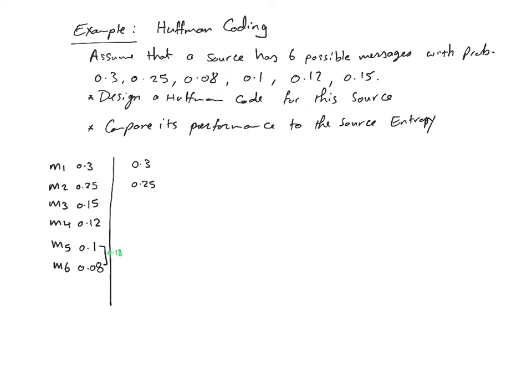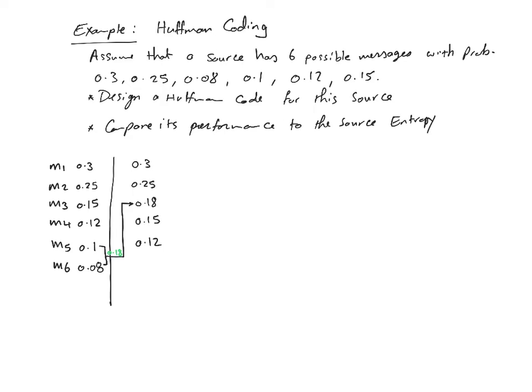So we aggregated those 2 into one message with a probability equal to the sum, 0.18. When we reorder, we end up with 0.3, 0.25, 0.18, 0.15, and then 0.12, right?